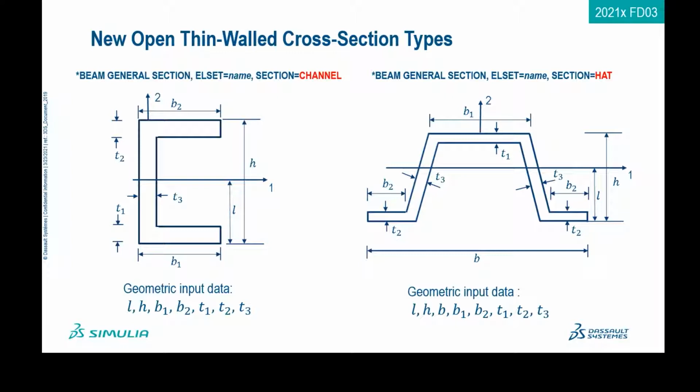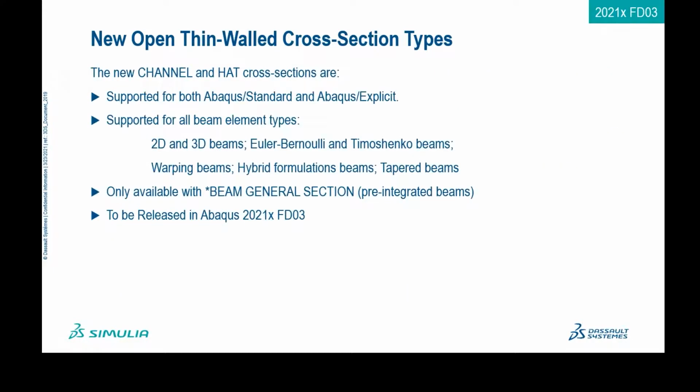We also note the introduction of two new open thin-walled cross-sections. One is called channel, on the left, and the other one is the hat. Each one of these new cross-section types has specific geometrical input data that are listed in the figure here.